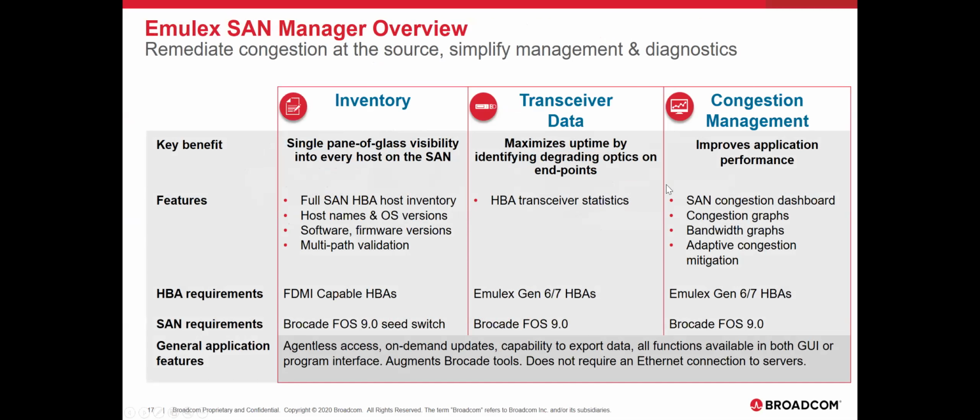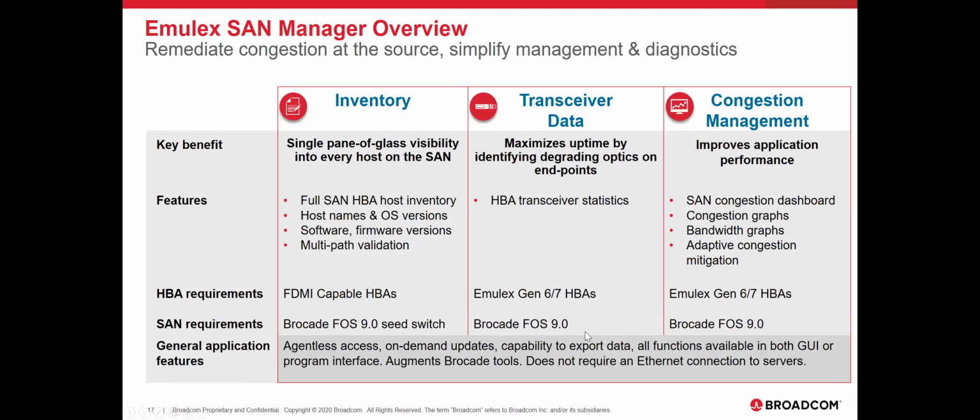And these are the three features that I will demonstrate to you. I will just highlight that Brocade FOSS 9.0 is a requirement. Brocade FOSS 9.0 has new features that allow us to obtain information and communicate with our HBAs.